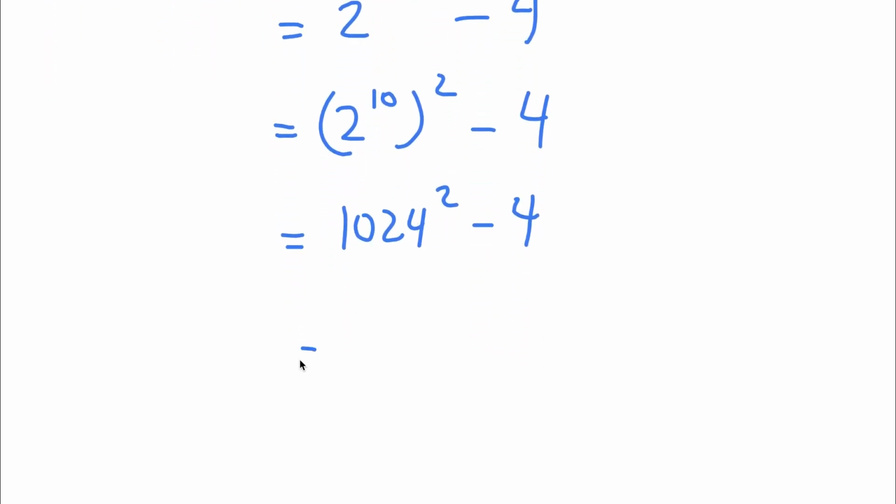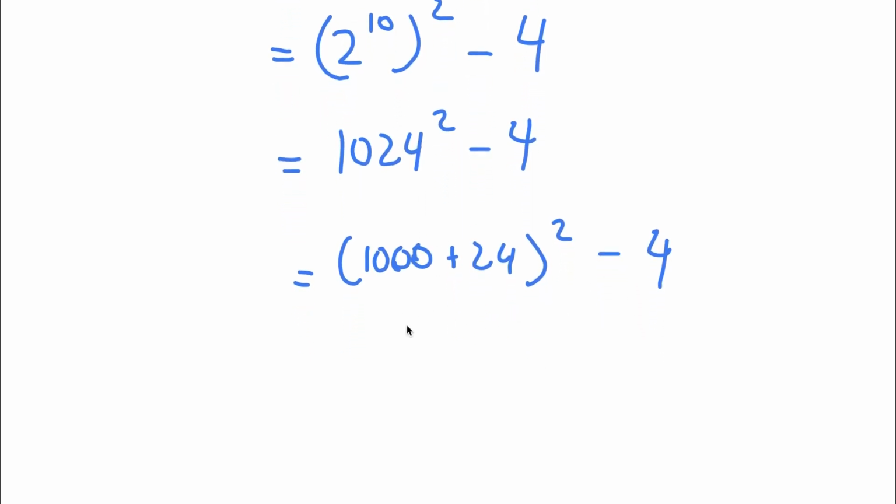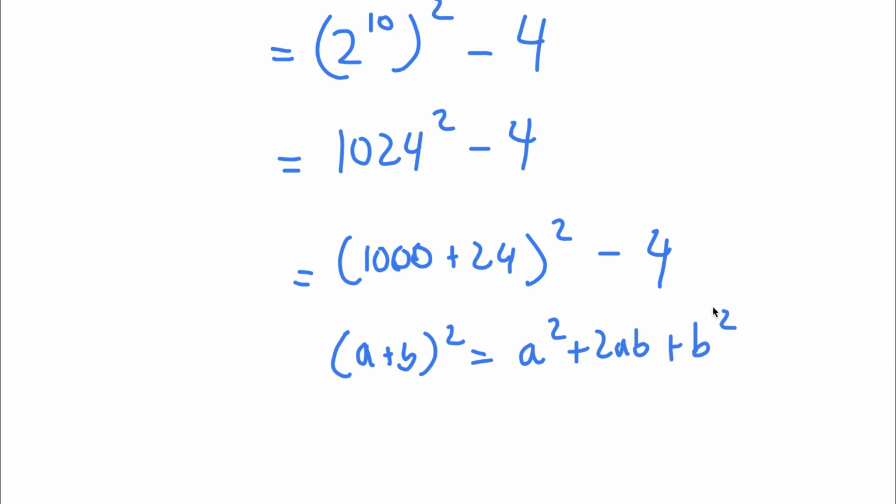Now 1024, I can rewrite as 1000 plus 24. So now I have 1000 plus 24 to the power of 2 minus 4. Now, if I have something in the form a plus b squared, this is equal to a squared plus 2ab plus b squared.